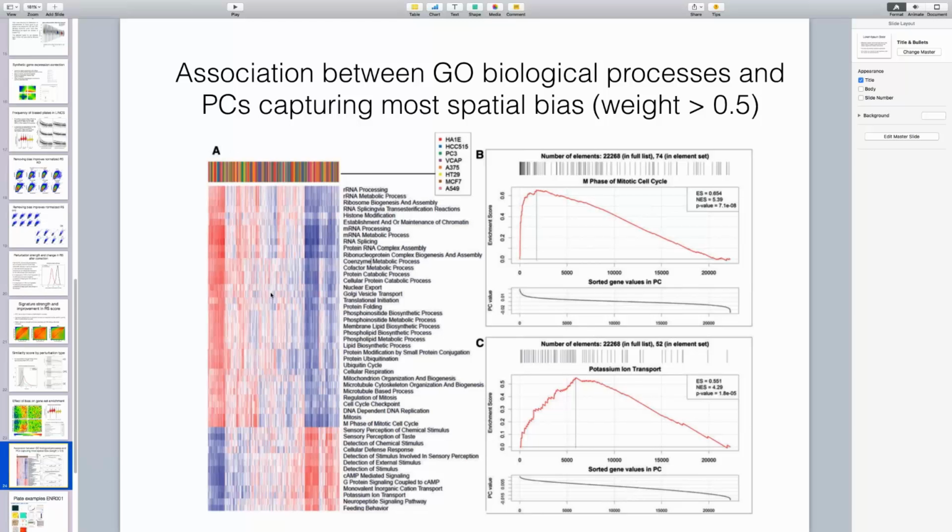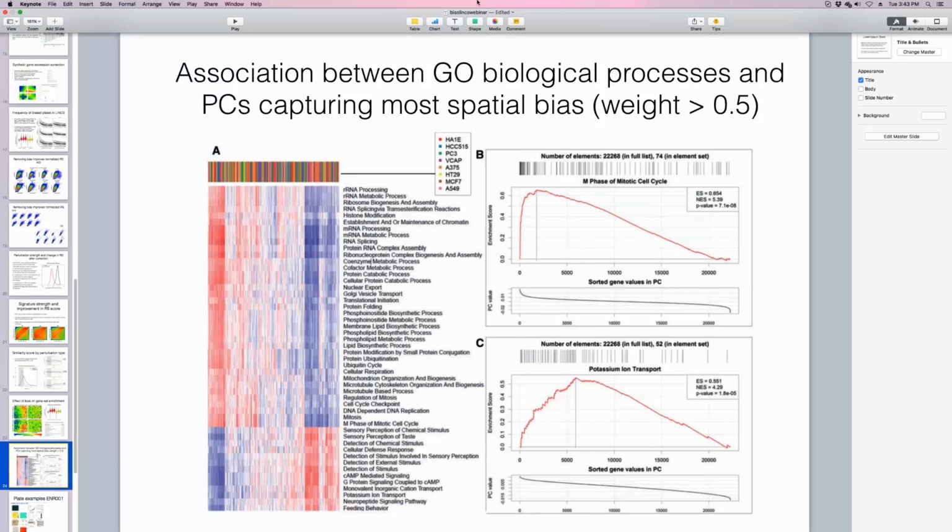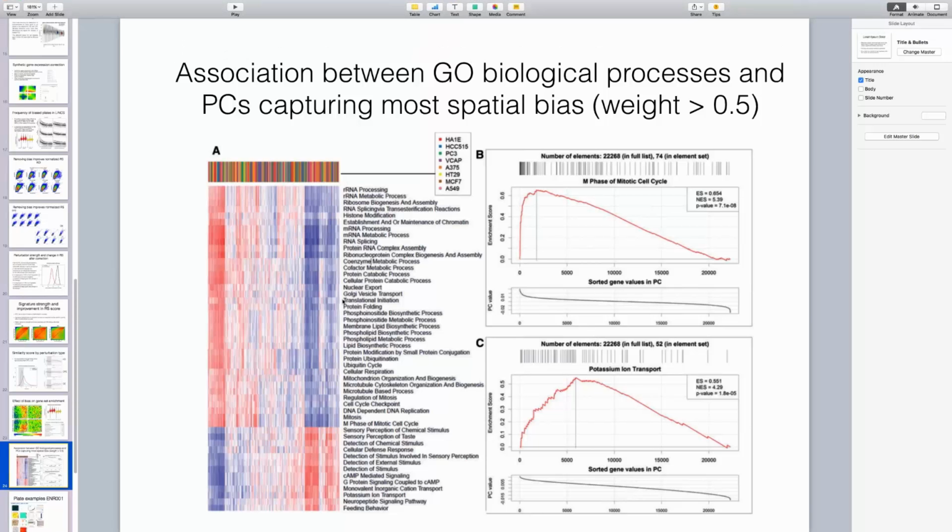So this matrix that you see has 2,500 columns, and then we just plot highly biased or highly associated enriched biological processes to them.